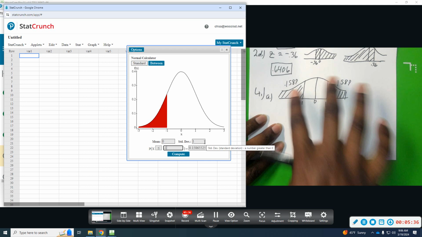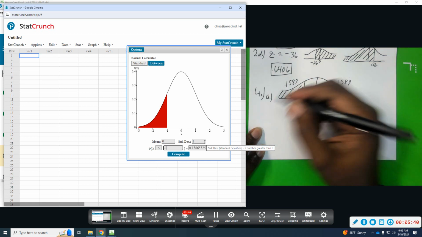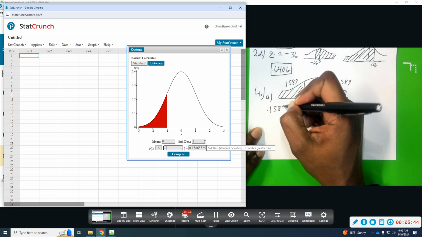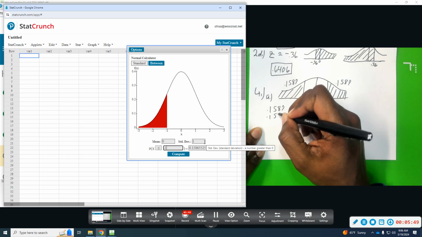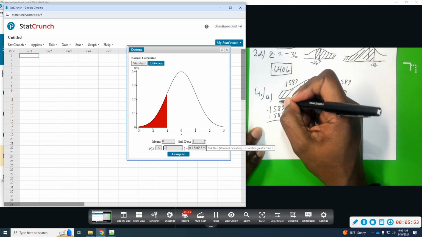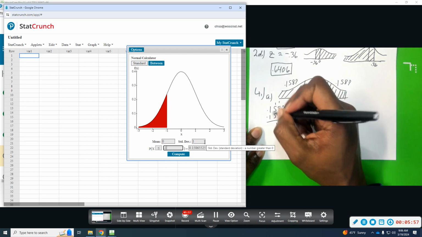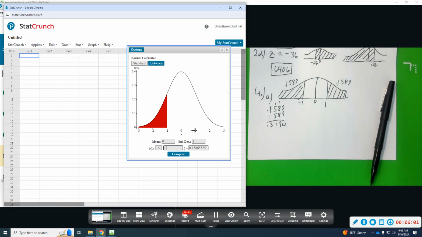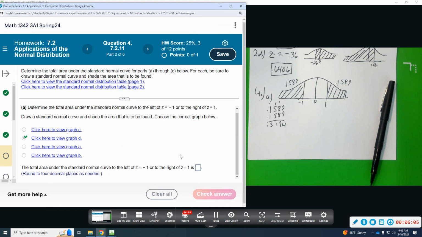Symmetric, they're going to give you the same value. So if I add these two up, or I can just do 0.1587 times 2, it doesn't matter. So when I do that twice, we get 0.3174.